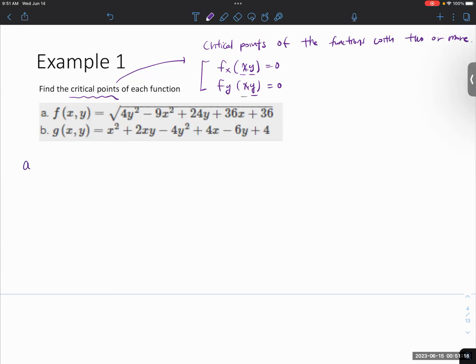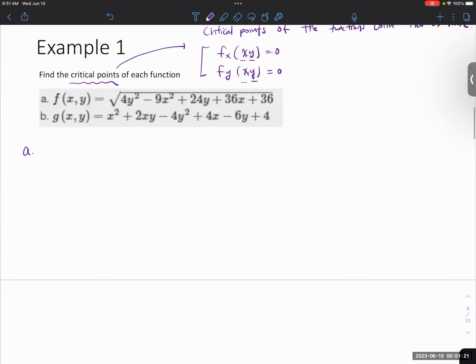Letter A. I have this long function f of x comma y. Let's take the partial derivative with respect to x first. So first of all, we are going to take the derivative with respect to x. This radical, I can change to the half exponent, correct?